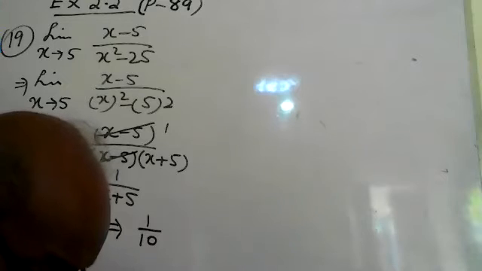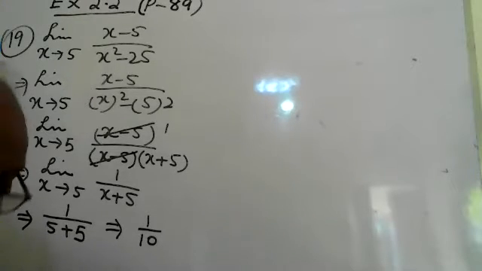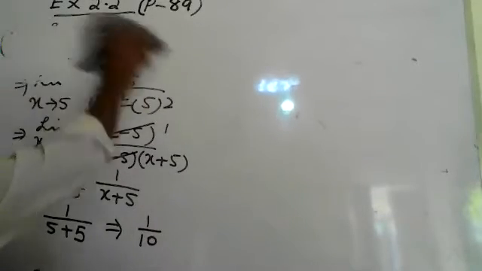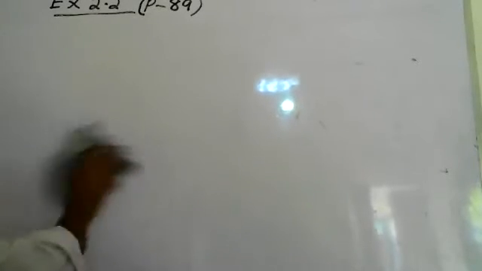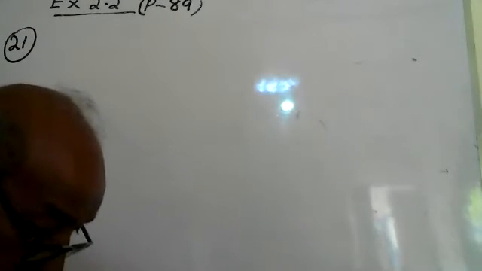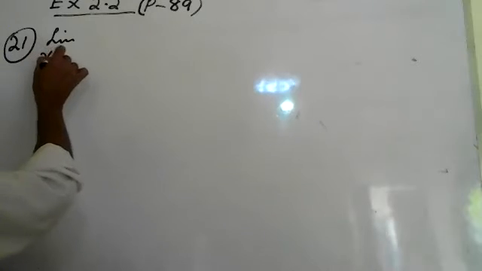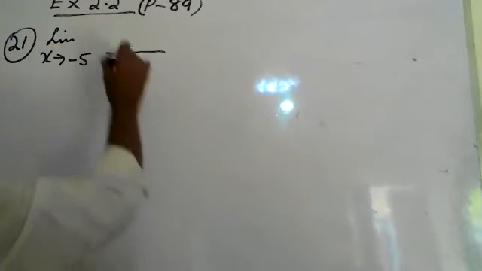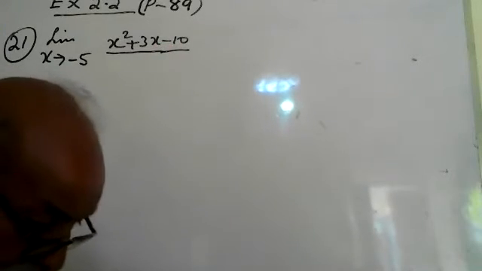Question number 21. Limit x tends to minus 5, x square plus 3x minus 10 upon x plus 5.